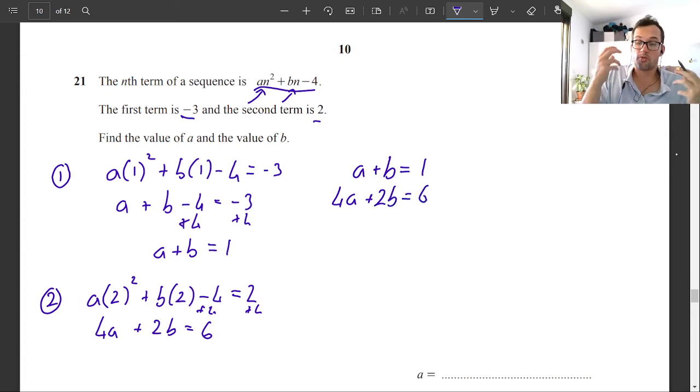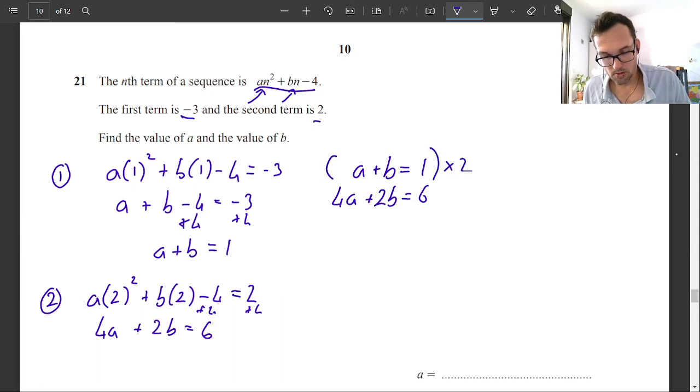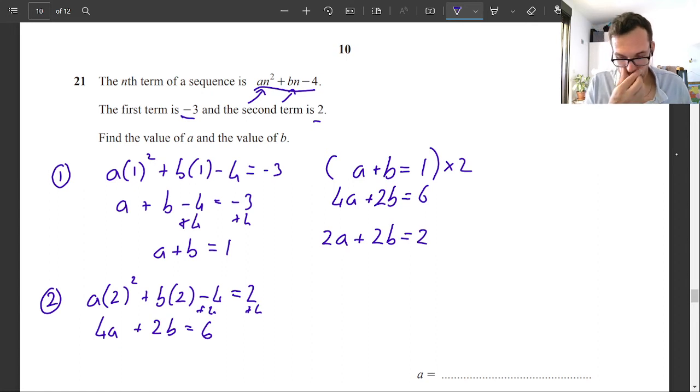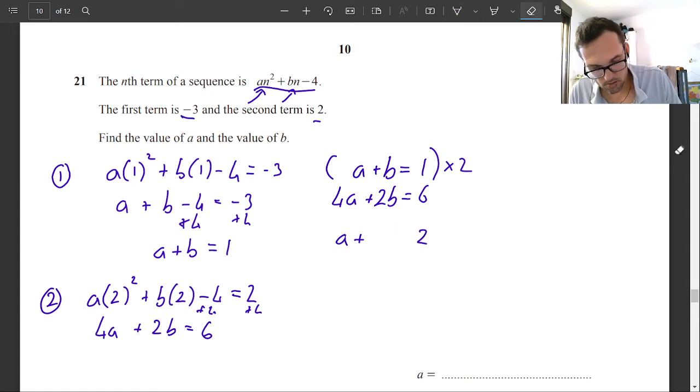Now to move forward from here, there is a massive amount of ways to do this. We can rearrange, substitute. I'm going to go with the elimination method, and I'm going to keep the numbers as small as possible. So what I'm going to do is multiply my first equation by 2. So that will become 2a plus 2b equals 2. In fact, let me just write it there underneath the previous one.